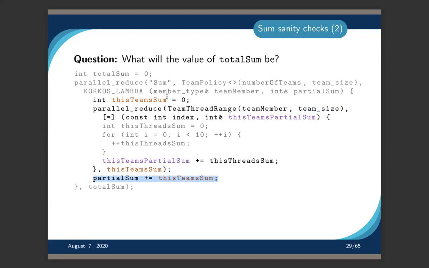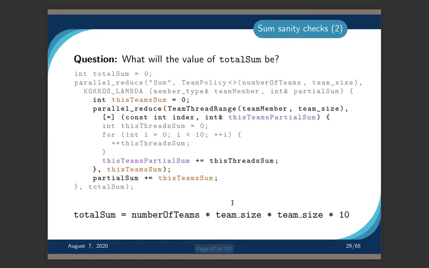Every thread is active outside of the parallel reduce. That means every thread in the team will contribute this team's sum back to the global sum. So that means every team will actually contribute team size times 10. And that's why you get a team size square in here.